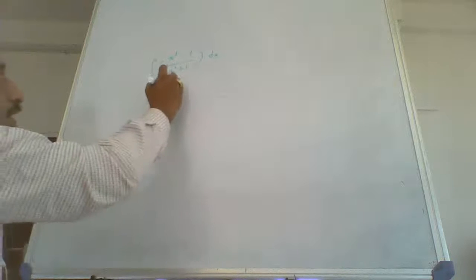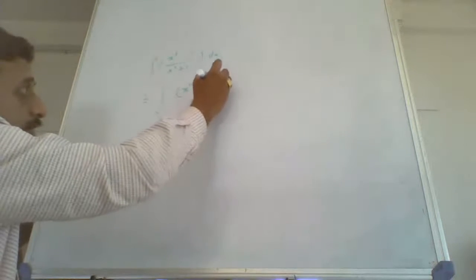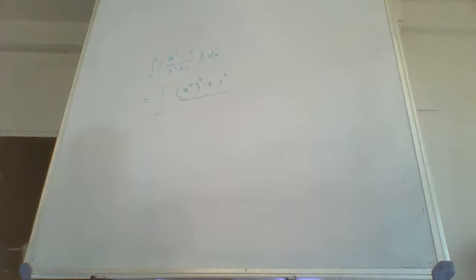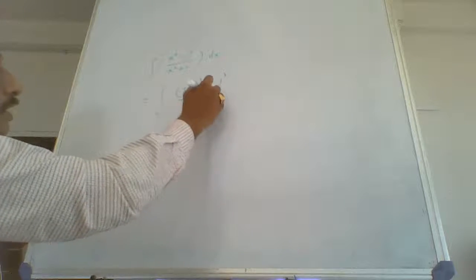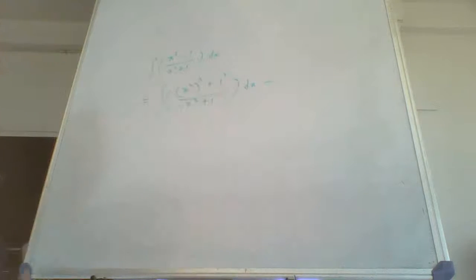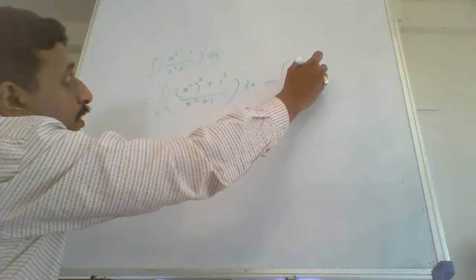So x square power 3, that's the first thing, and 1 can be written as 1 cube, divided by x square plus 1 into dx, and I'll be having only minus 2, so this will be integral 2 by x square plus 1 into dx.